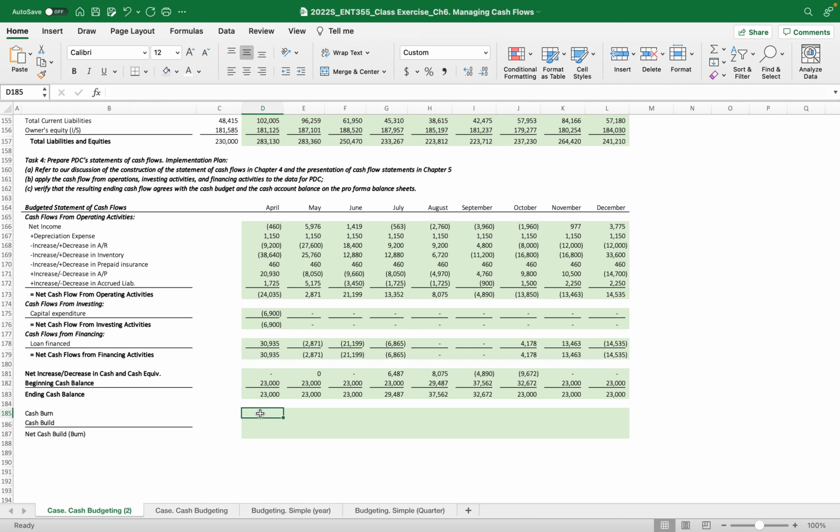Now let's just finish up by calculating the cash burn. How do you get the cash burn?